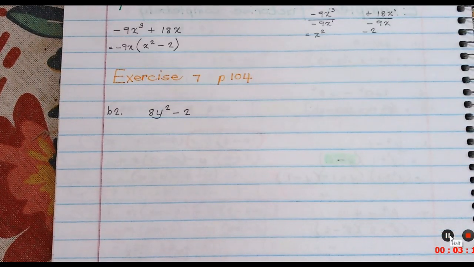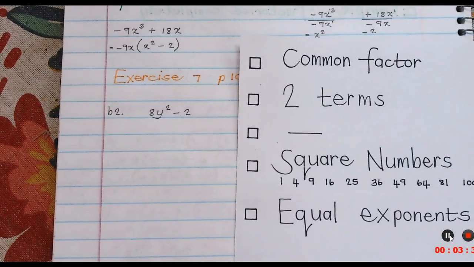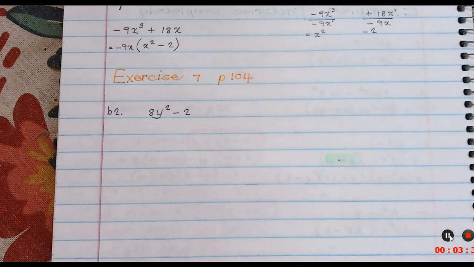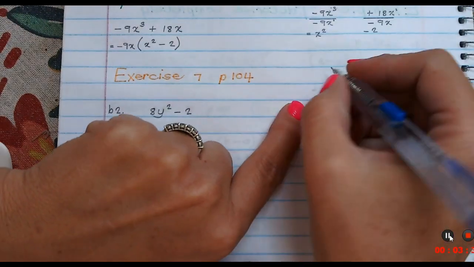I am doing more examples. I'm starting with exercise 7 on page 104. I'm starting with B2. The instructions at exercise 7 state clearly to factorize. So, going through my tick boxes again. First thing, common factor. To take out the common factor, I go to the side.